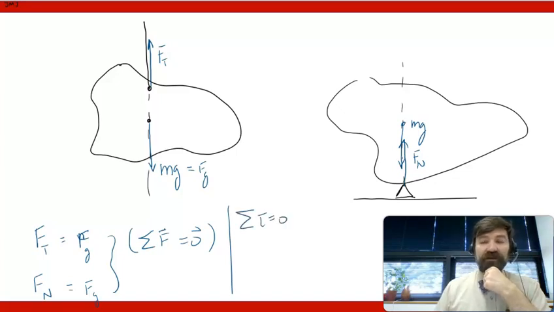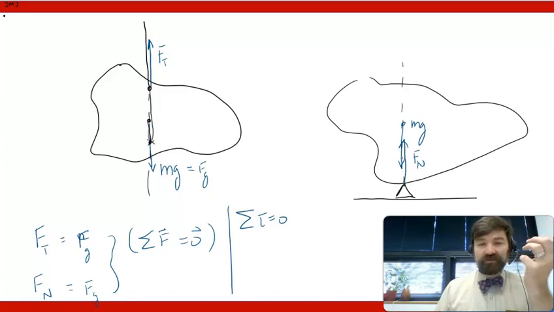These two things are not at the same location, or presumably are not at the same location. I could, I suppose, drill the hole directly through the center of mass, but in principle, they're just somewhere along this axis. So now I pick a point along this axis and call that my axis of rotation. So this right here could, for example, be my axis of rotation. Then my x's may be different here, but you'll notice that the direction of these two relative to each other ends up both being the same.